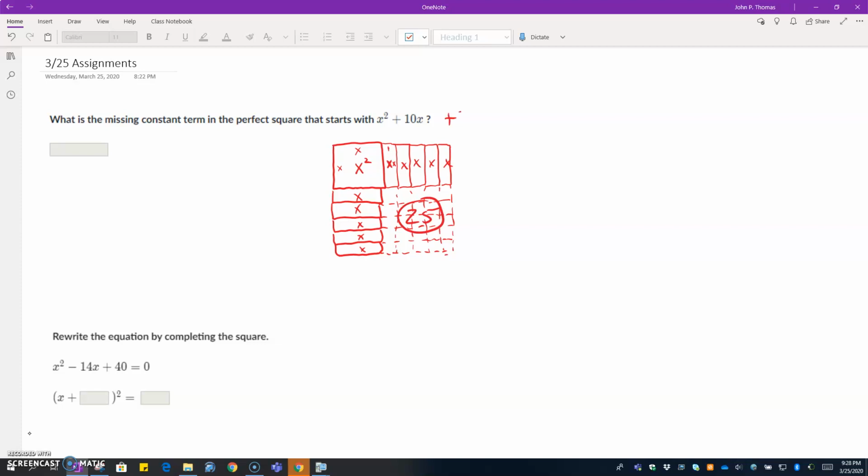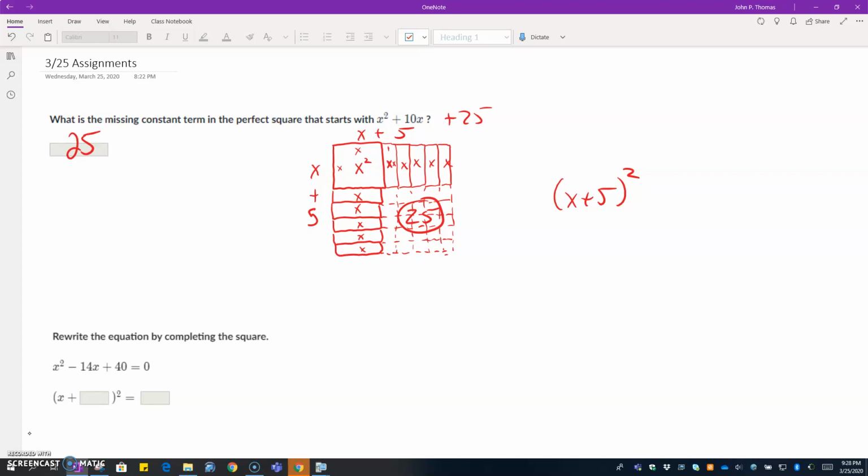So if I add 25 to this, on this side I'm going to have x plus 5, and on this side, x plus 5. So x plus 5 quantity squared would be my area for that square. All right, but the question is complete the square, and all we're going to do is put a 25 in here because that's the number we'd have to add on.